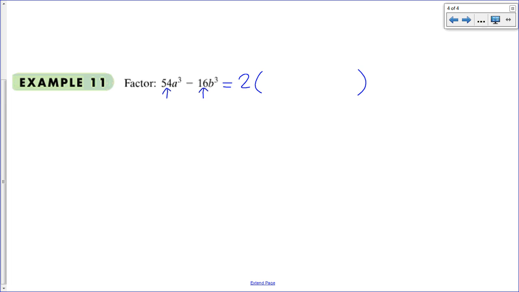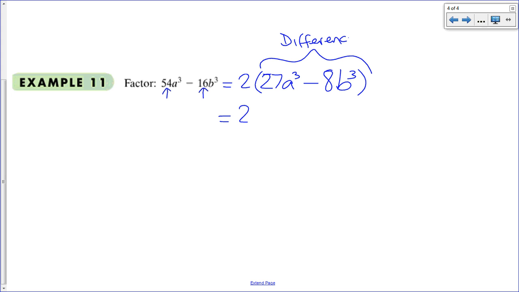So 54 divided by 2 is 27. And 27 is a perfect cube. Also, negative 16 divided by 2 is negative 8. So now here what we have is a difference of cubes.